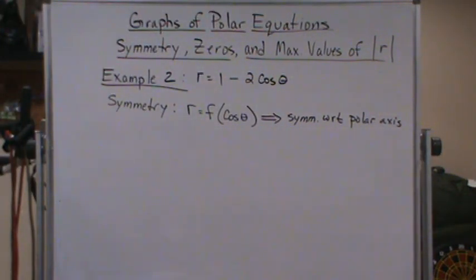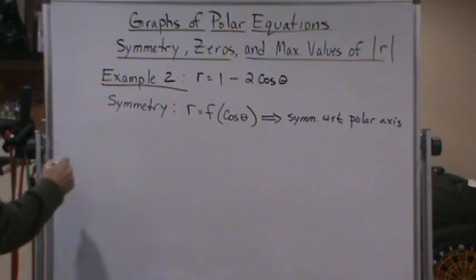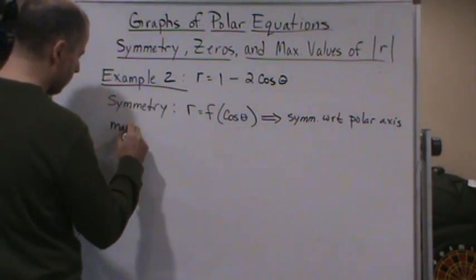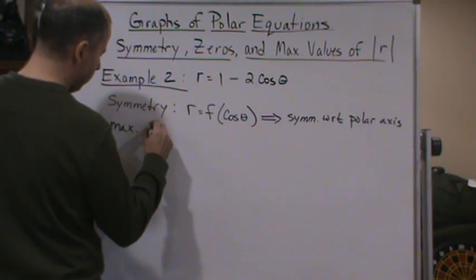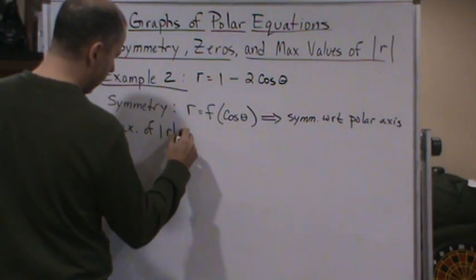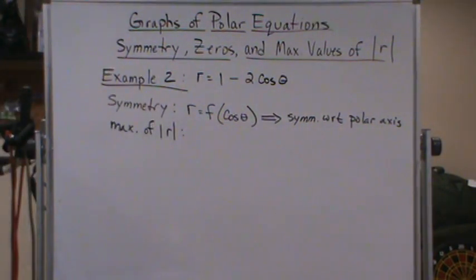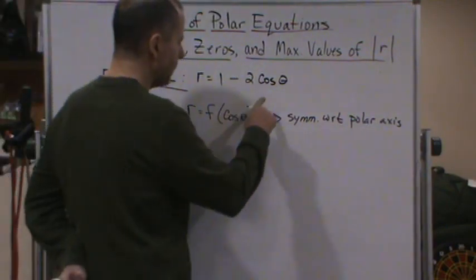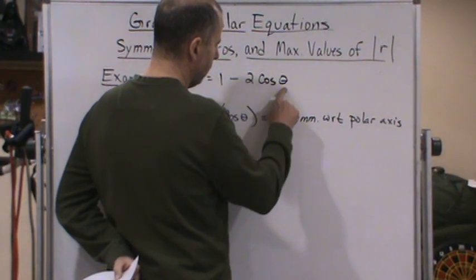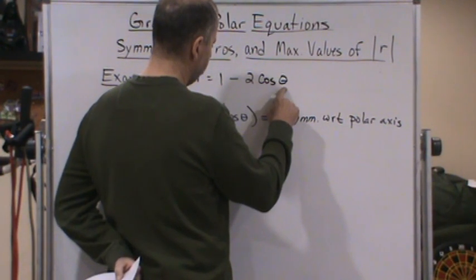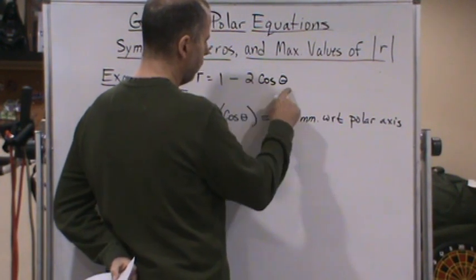Now, what is the maximum value of r, right? So what is the maximum of the absolute value of r? Okay, when does that occur? Well, think about it. What's the maximum value that this can have?